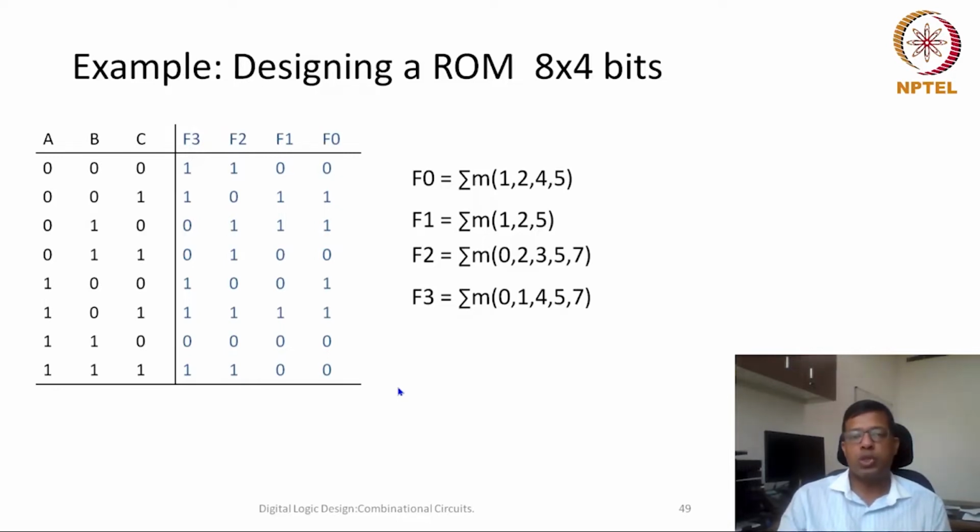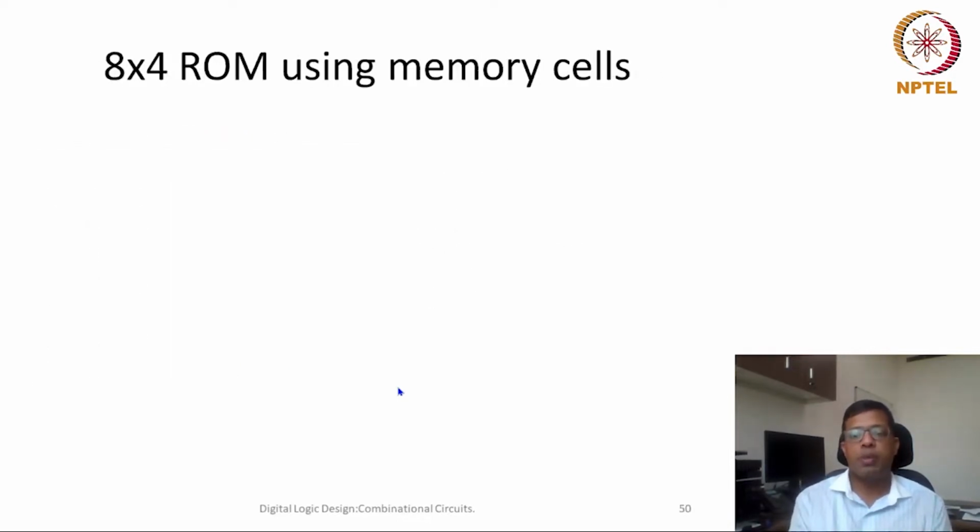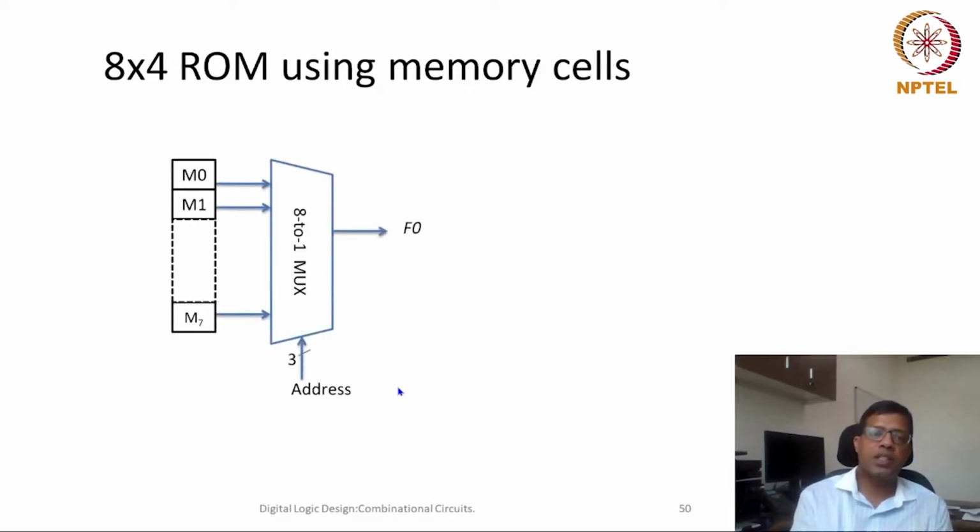Correct. But yes, it is not always the case that we design ROM using these basic gates. There is also a possibility that we can use memory cells, and if we are using memory cells, then we can design it something like this: let's say we have these memory cells, 0, 1, 2, 3, 4, 5, 6, 7. Whatever is the content that is stored in these memory cells, we can then access it using a multiplexer.